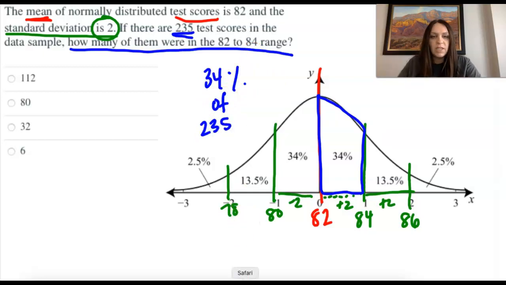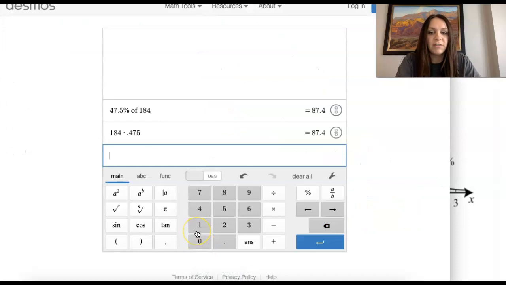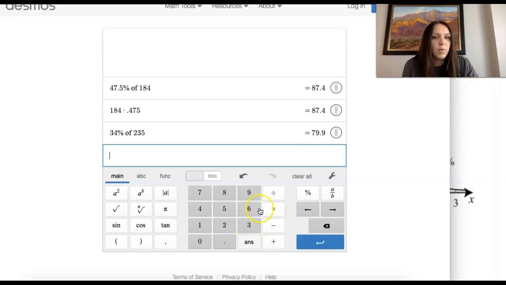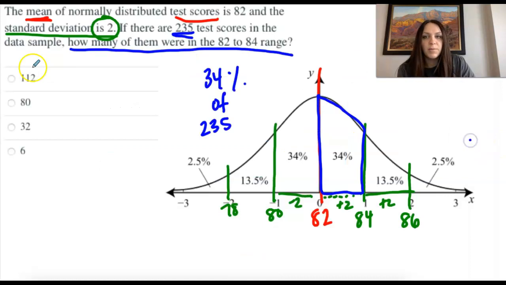I am going to use Desmos where I don't even have to convert. 34% of 235 is 79.9, and this time I'm going to round up, so my answer is 80.